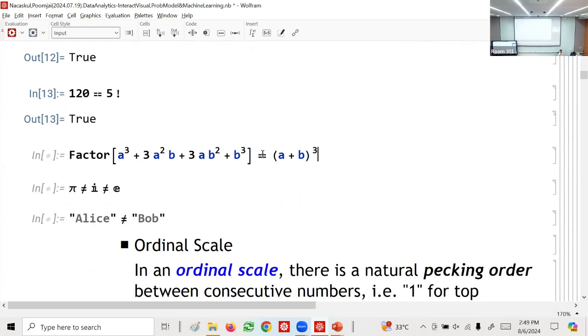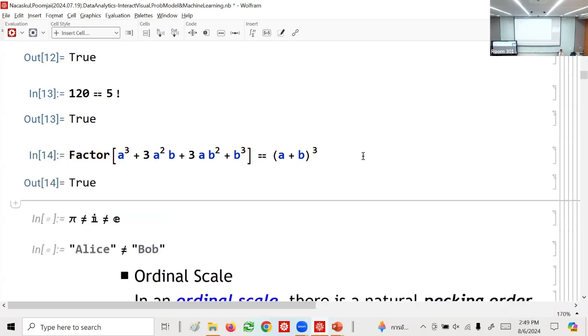You have something like Factor, right? This is not a library. It's a built-in function. I don't have to import NumPy or anything, okay? And it's not numerical, it's symbolic. So it factors a cubed plus 3a, but from high school, you know this. Is this true? Yes, of course it's true.